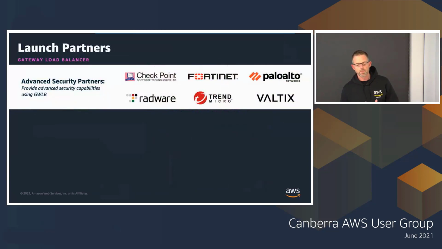So at launch, we had integrations with a number of partners. Each one of the partners on the screen at the moment built or have integrations for their appliances. With Checkpoint as an example, if you look at their news, you'll see that they have blogs around how to integrate their appliances with Gateway Load Balancer.